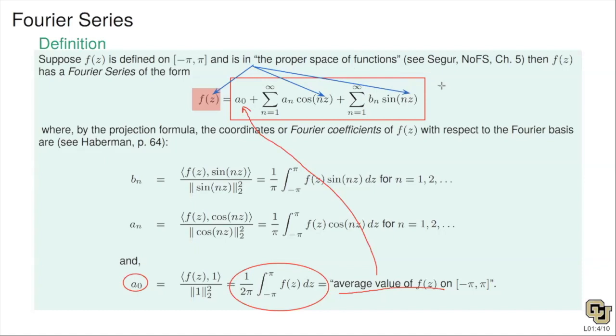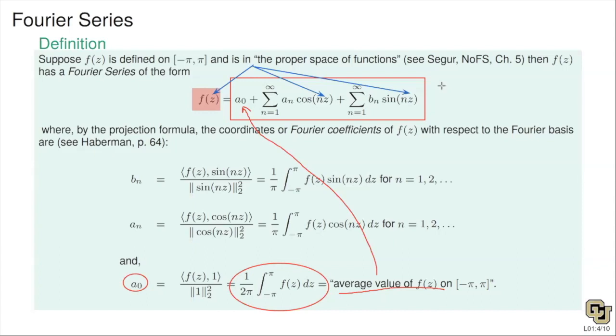So if the value at z for the original function is above the average, then somehow the Fourier series adds enough value to increase the value of the right-hand side. If f of z on the left-hand side is less than the average, then somehow the Fourier series reacts, adding a negative number to the average to decrease the value. So try to understand what's happening on the left and the right.